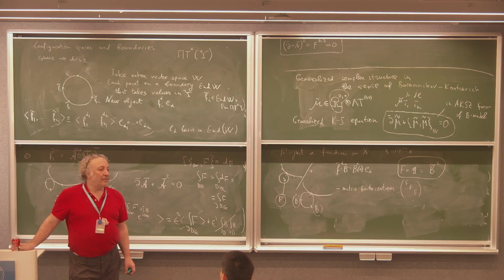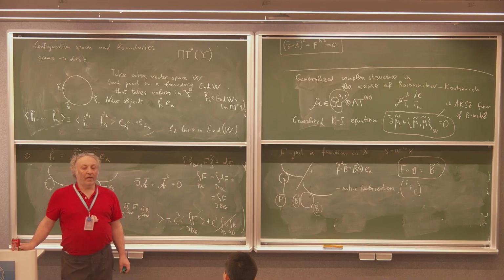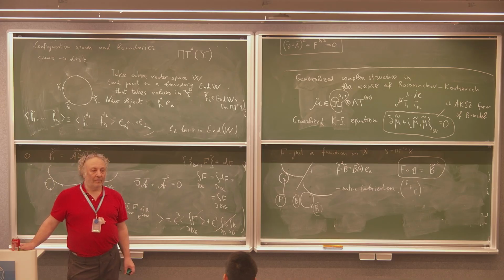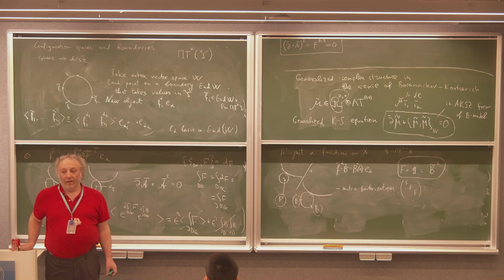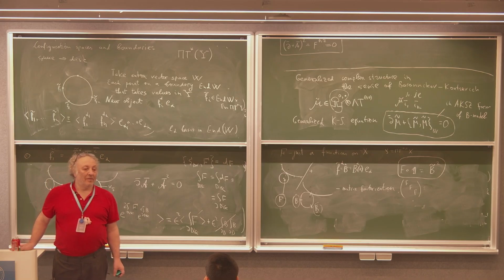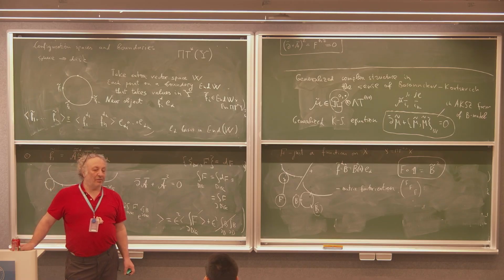If we have a function f and we solve this equation, we can cancel the boundary anomaly. If we just put the B term, then there will be an anomaly because B square is not zero.